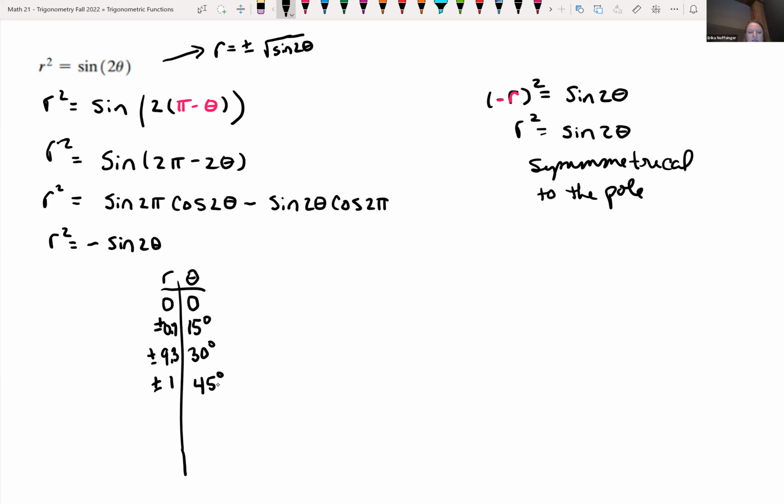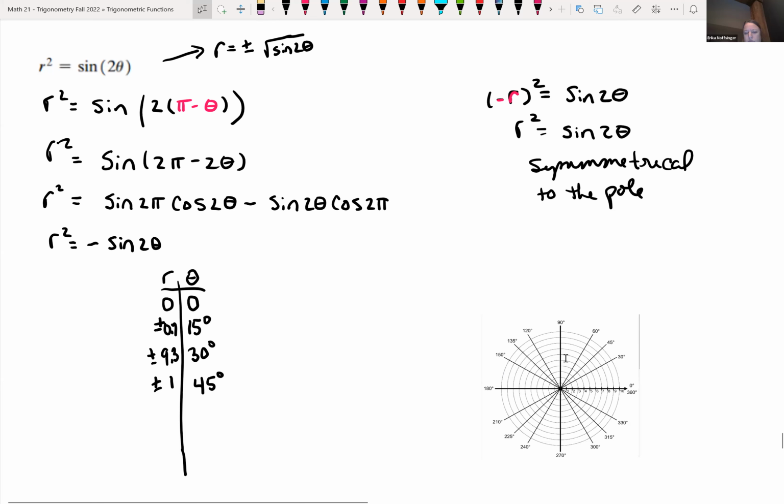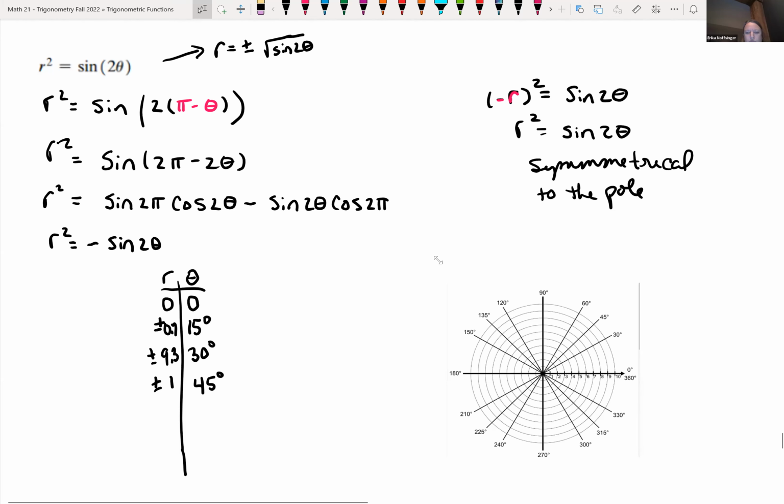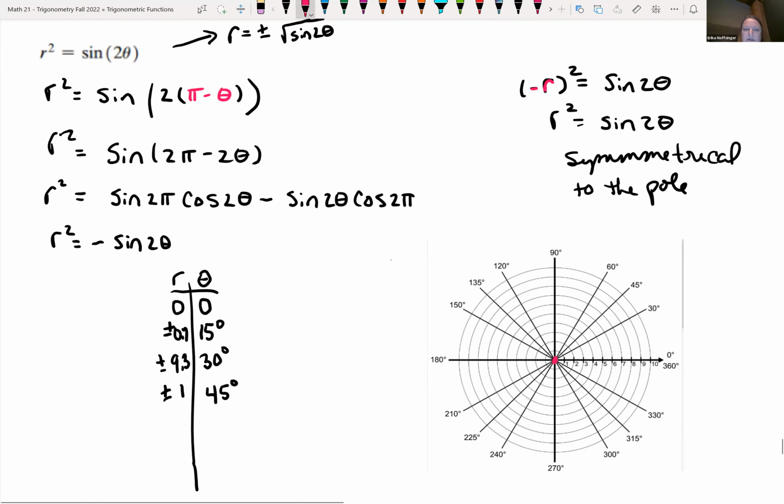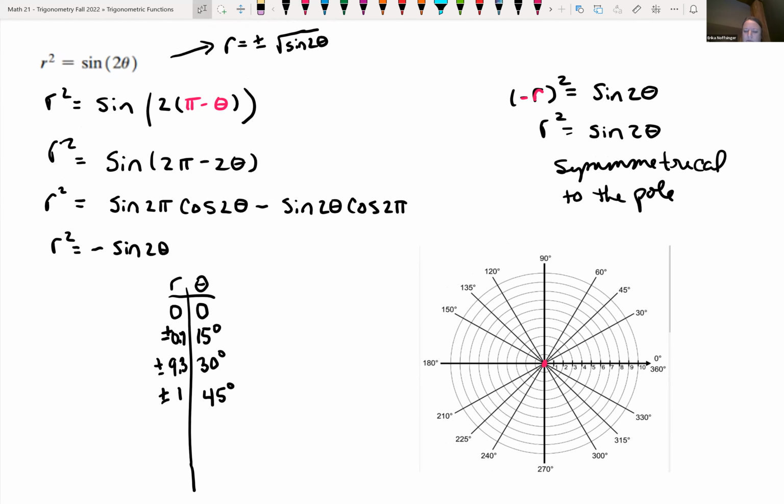Okay, so let's see what we have so far. At 0, we have 0. At about 15 degrees, we have 0.7. That's bigger.